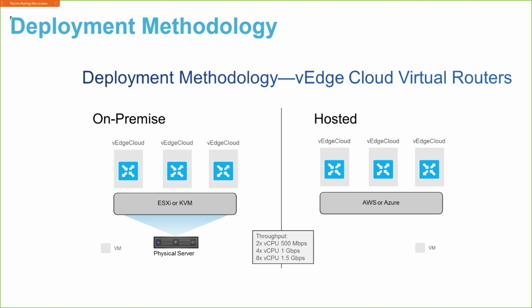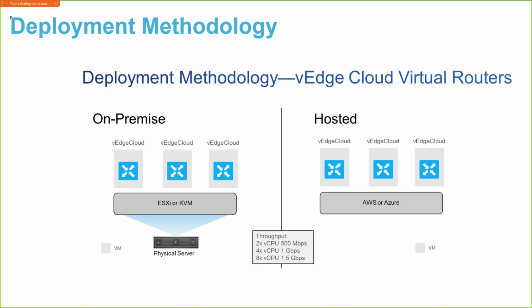Now, the cloud routers, the vEdge cloud routers, is a software platform that supports all of the capabilities of the physical vEdge router platforms. But the vEdge cloud router is offered as a virtual machine, and it can be deployed in a private environment, public environment. You can deploy them in hybrid computing environments as well, and it's supported pretty much on all of your major hypervisor platforms, right?